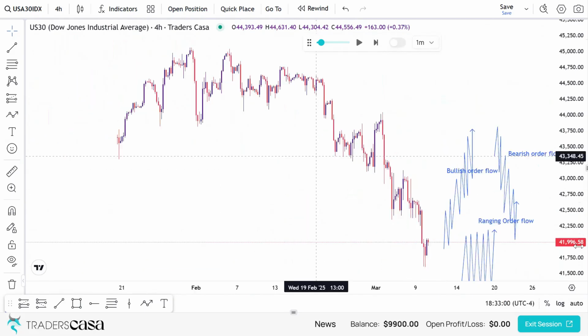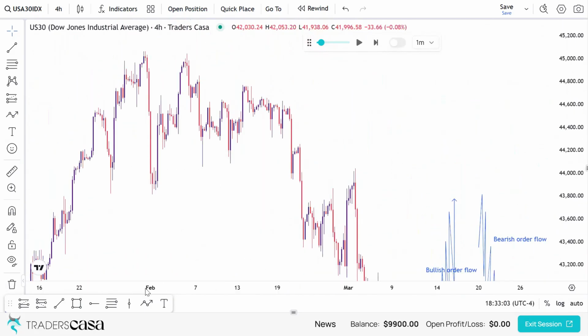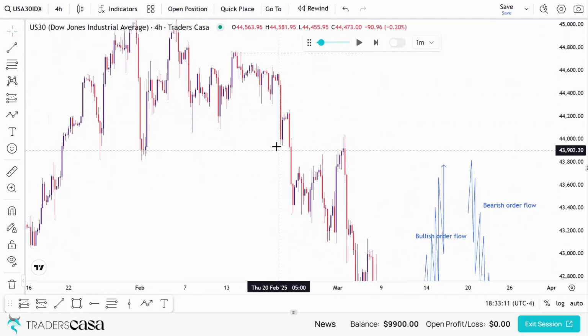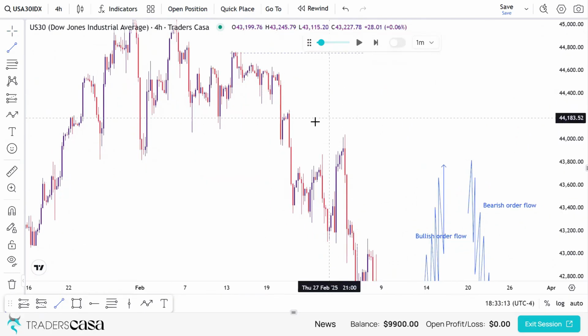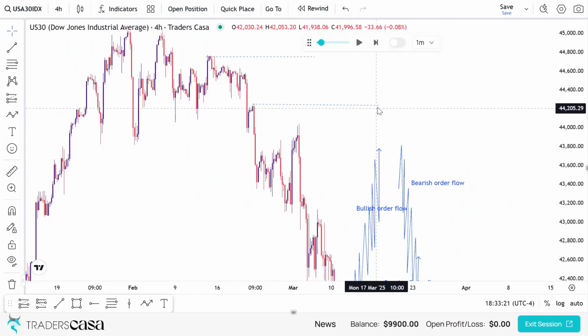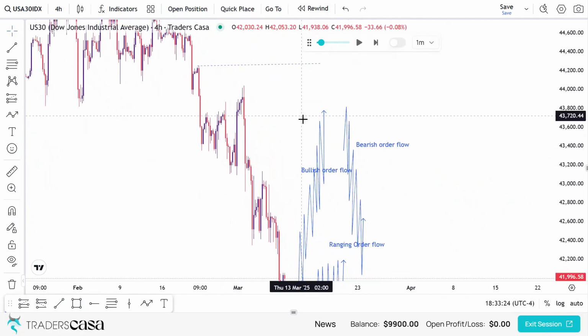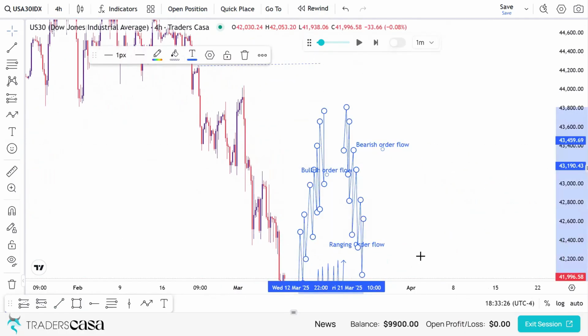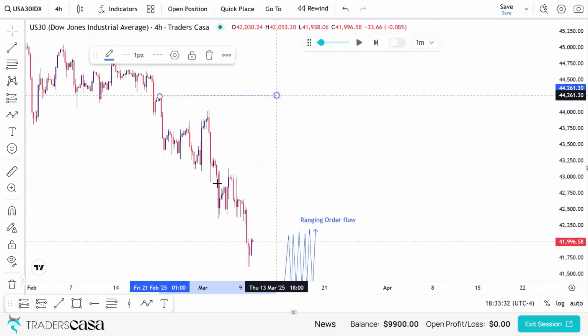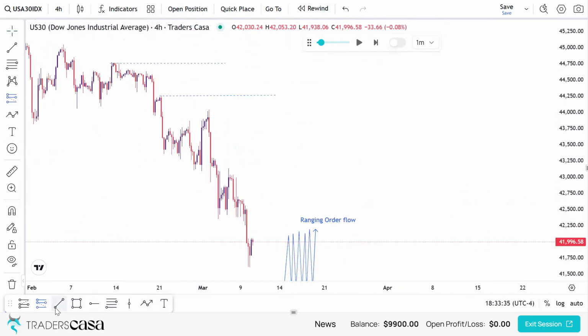So as you can see, on this market we've been having lower highs and lower lows, lower highs and lower lows. So this is a bearish order flow, they're currently in a bearish order flow.